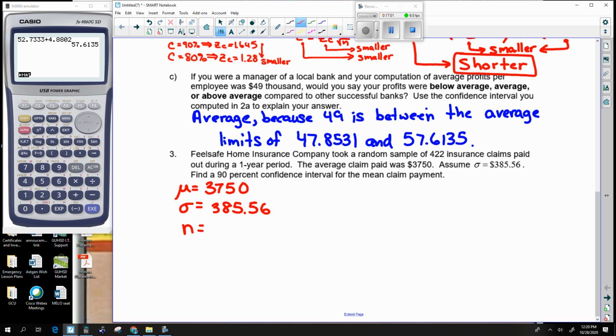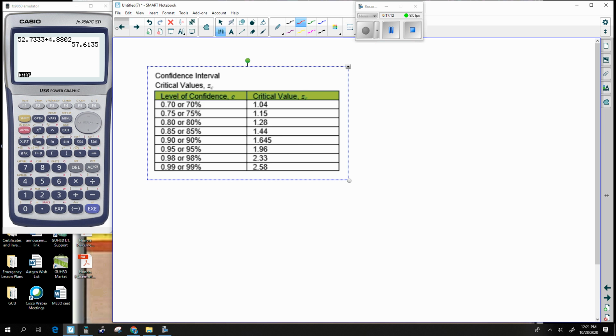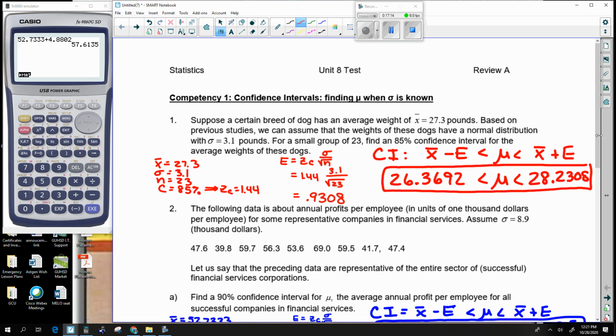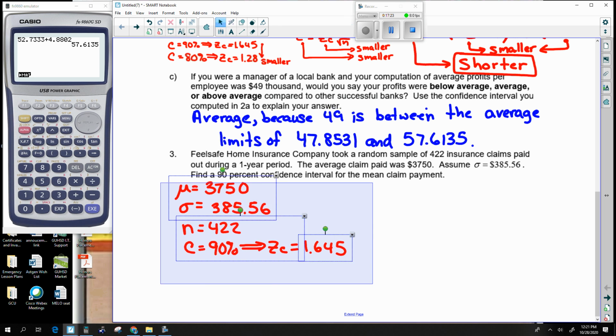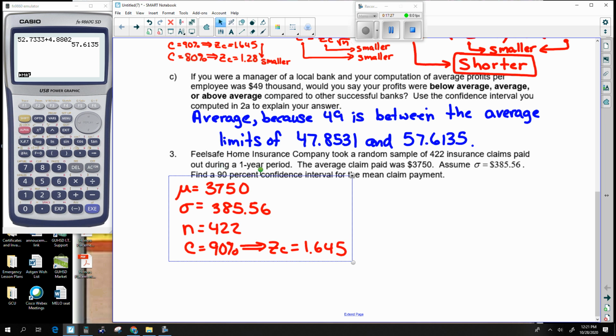A sample of 422, and we want a confidence of 90%. So the ZC of 90% is 1.645.